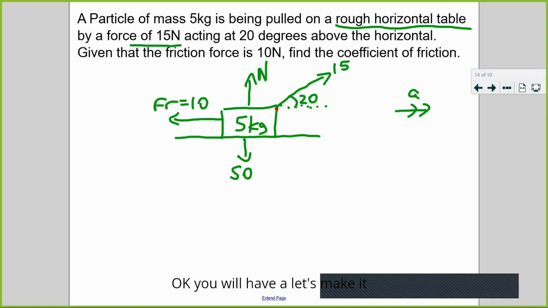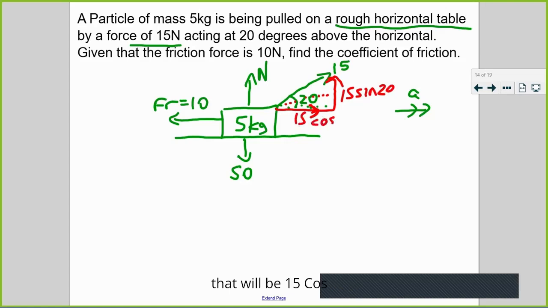Now, this is the opposite, so that will be 15 sin 20, and this is the adjacent, so that will be 15 cos 20. Direction is really important. Now, if you look at the original force, it was starting over here, ending there. So if you go along the path from here to here, and then up, we will end at the same point.